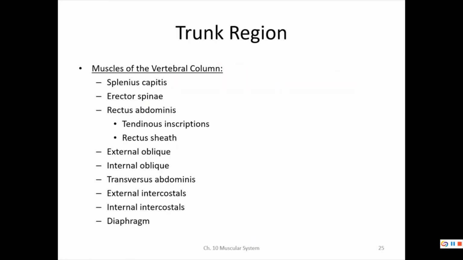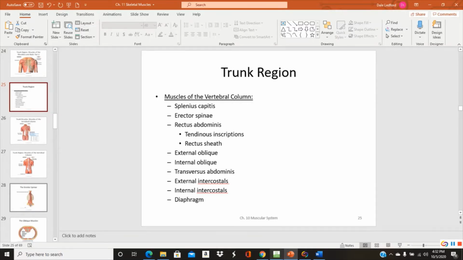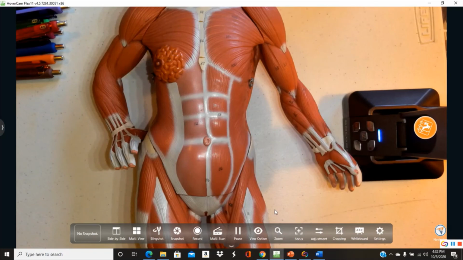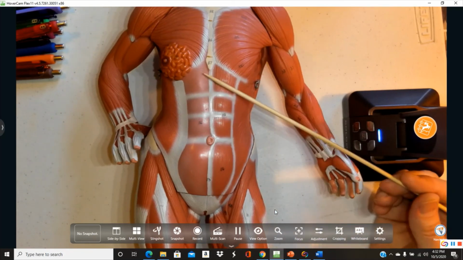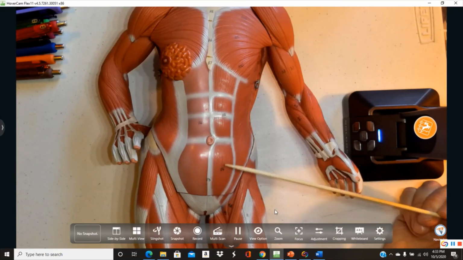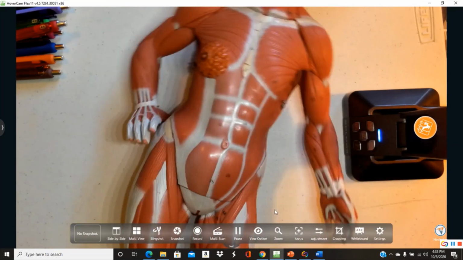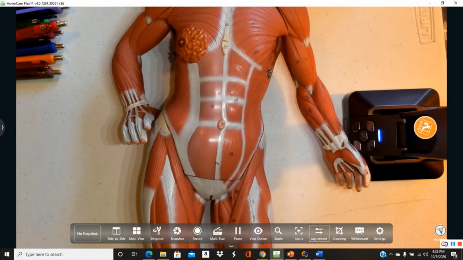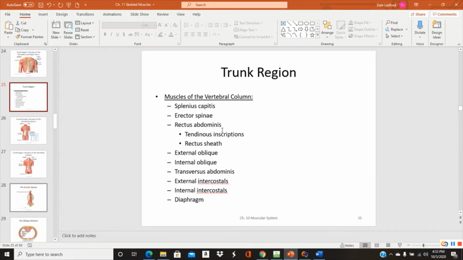Okay. Now, let's turn our attention to the rectus abdominis. Rectus abdominis, your abs. Rectus means straight. Abdominis means in the abdomen. So this is the rectus abdominis. Now, the rectus abdominis, make note, what causes the six-pack is the tendinous inscriptions.